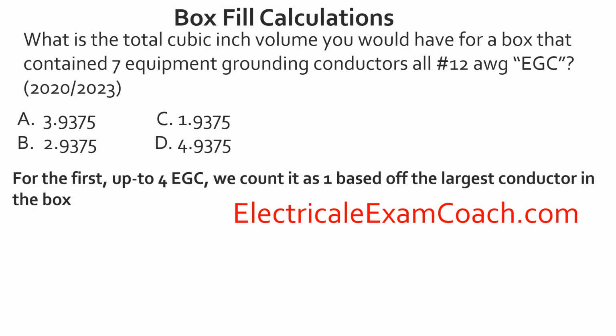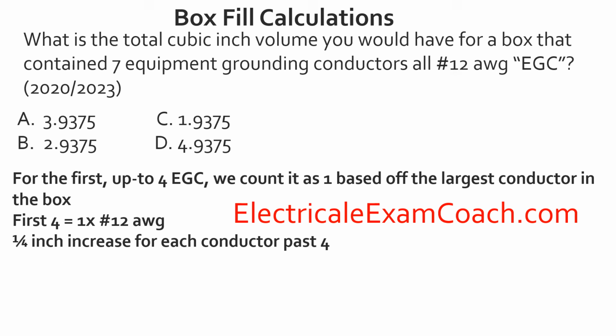What we're going to do is count the first 4 and count it as 1, and then a 1/4 inch increase for each one past 4. Sounds complicated. We're going to break it down very simply. We have 7 total, and we're going to minus 4 because those first 4 we counted as 1. So we have 3 left over, and we're going to take those 3 and multiply it by 1/4, and that gives us 0.75.